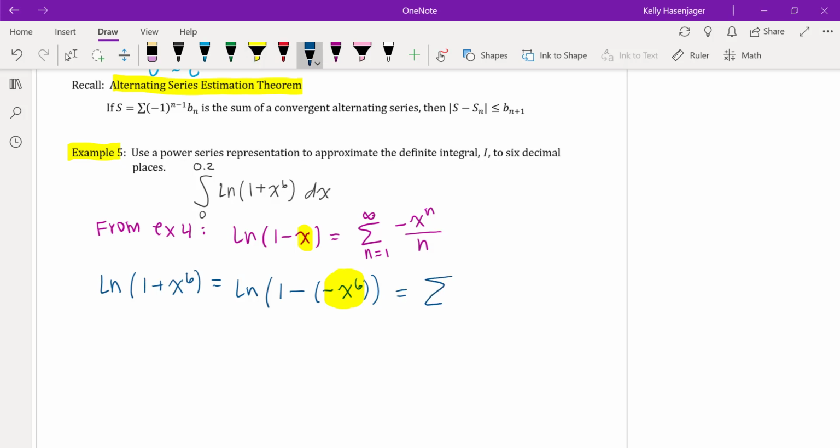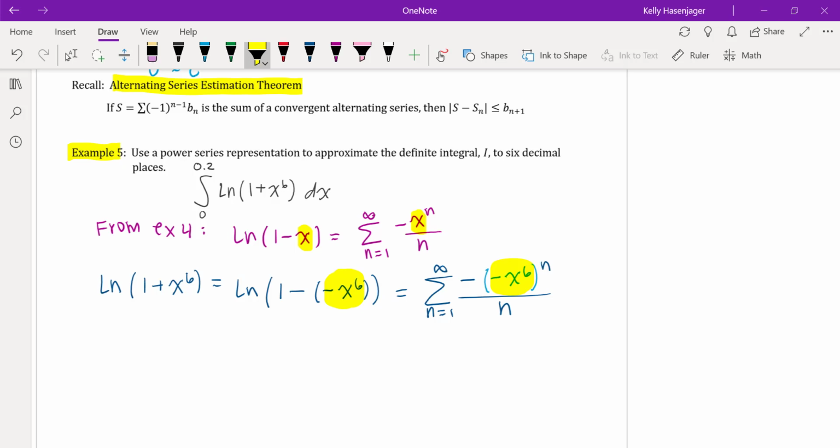So we have our sum, n is 1 to infinity, then we have negative, and instead of x we replace it with the negative x to the 6th power, to the nth power, all over n. Again, we replaced just x with negative x to the 6th power.